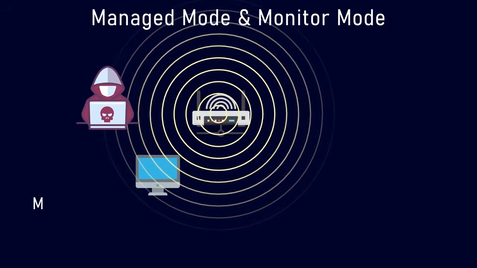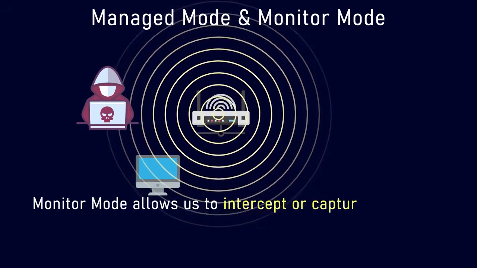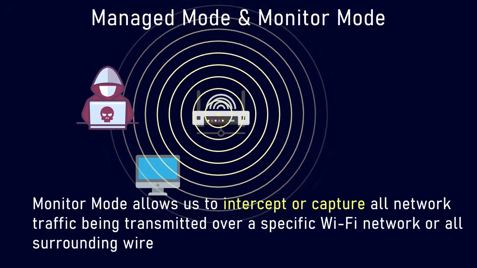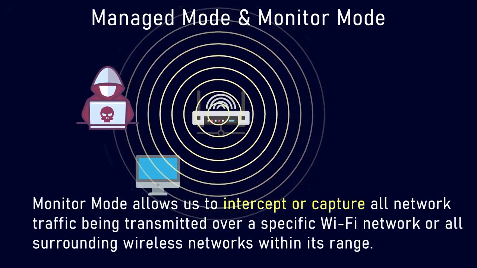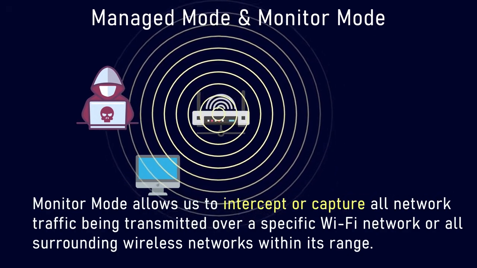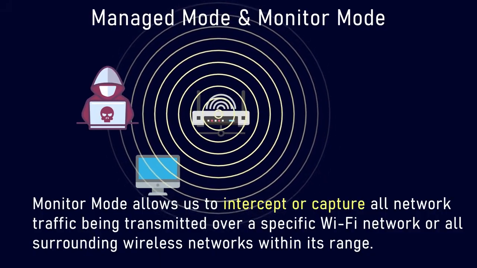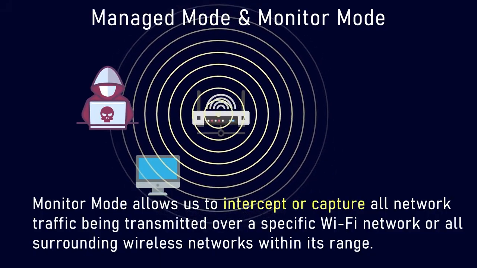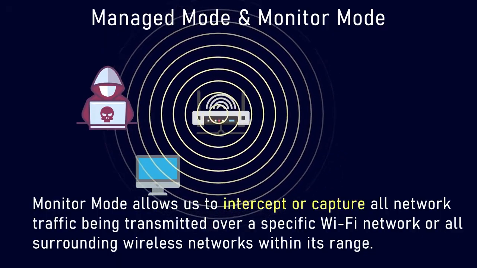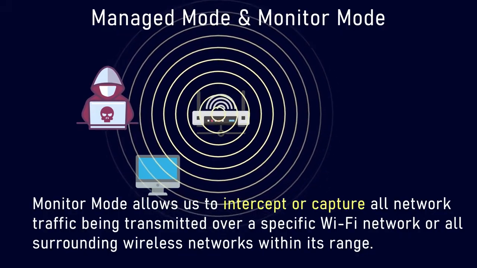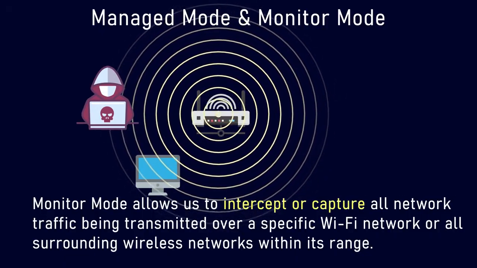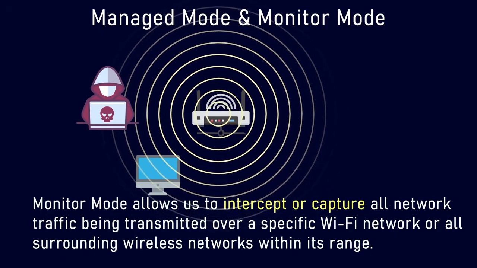It allows us to intercept or capture all network traffic being transmitted over a specific Wi-Fi network or all surrounding wireless networks within its range. Wireless cards operate in managed mode by default, allowing you to connect to Wi-Fi networks. However, to capture or monitor network traffic, we need to switch the network card to monitor mode. In monitor mode, a wireless network adapter can capture wireless network traffic within its range.